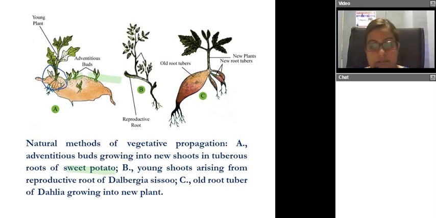Again, shoots arise from the roots of Dalbergia sissoo, and the old tubers of dahlia grow into new plants from the new tubers. Right?